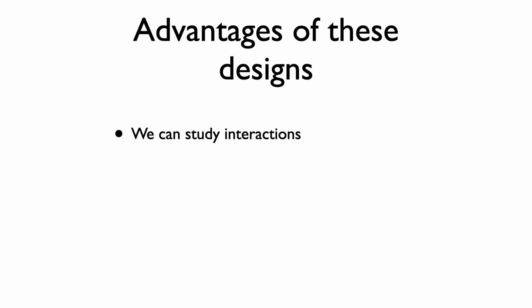Just move this up here for a sec, and I can draw you a quick picture. So, explicit memory is I give you a list of words and I have you recall the list of words. Implicit memory is I give you a list of words and then I have you fill in the blank.